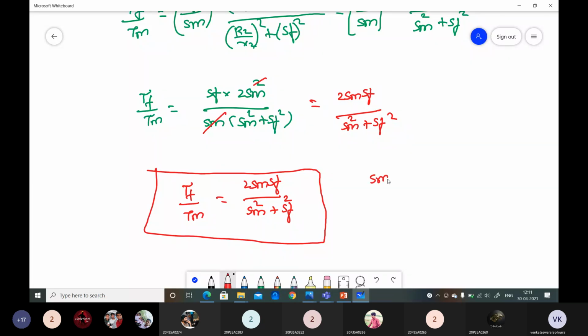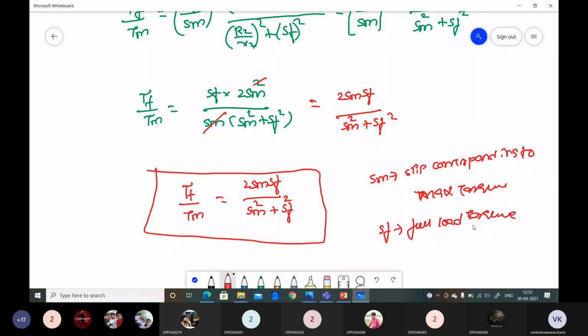Here S_M means slip corresponding to maximum torque, and S_F means full load slip. If you know the values of slip corresponding to maximum torque and full load slip, we can find the full load torque. So this is the relation.